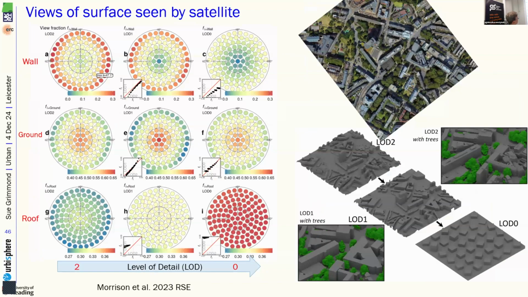If we start to then take that and think about what are we actually seeing on the ground, so wall, ground, and roof, and look at the variations of that in terms of the level of detail. So level of detail 0 is our random cubes, level of detail 1 are flat roofs, and level of detail 2 has more realistic roofs.